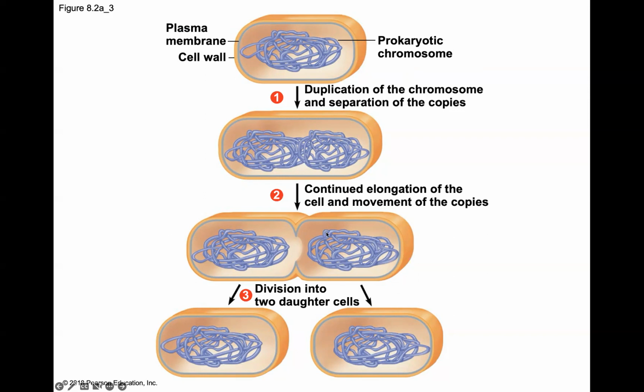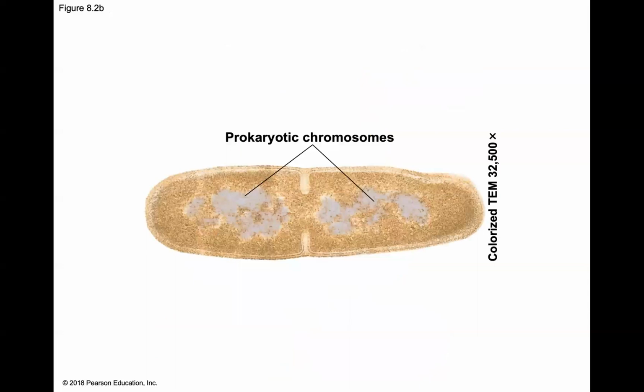There's going to be this elongation that you'll observe in this cell, and you're going to see the movement of these chromosomes towards opposite ends, and we'll eventually have a division of this cytoplasm into two daughter cells. This is what happens during binary fission. Okay, this is a micrograph of two prokaryotic cells that are being created through this process of binary fission.